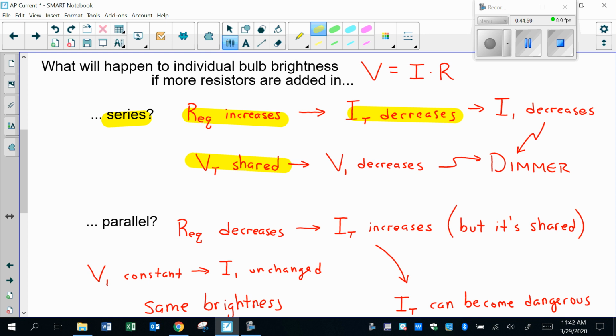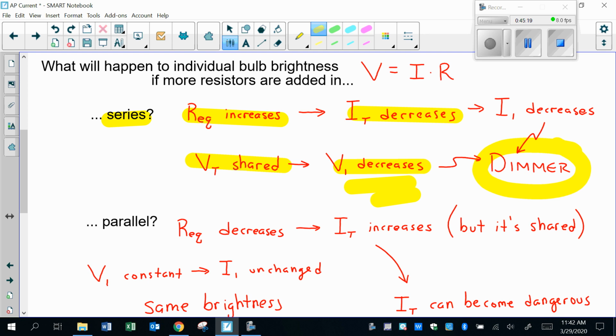Add in a third, a fourth, a fifth light bulb, and each individual bulb gets less and less and less voltage. So your current is less because there's more resistors, your voltage is less because it has to share, and so what happens is you end up with a dimmer bulb.